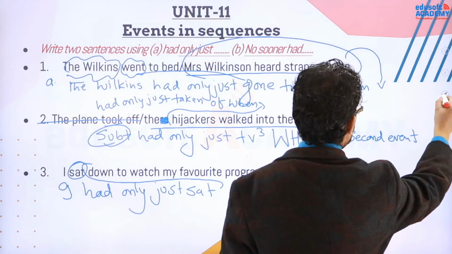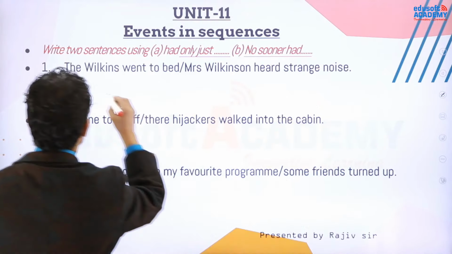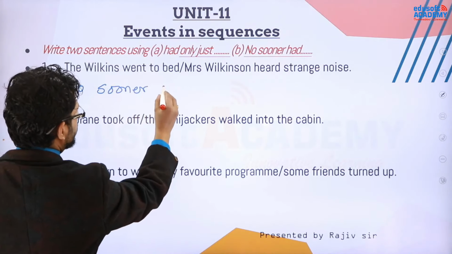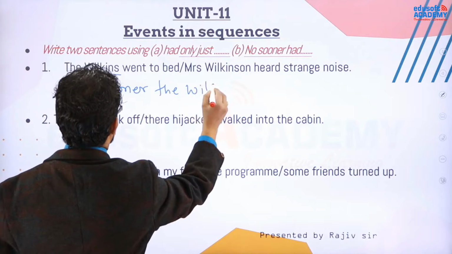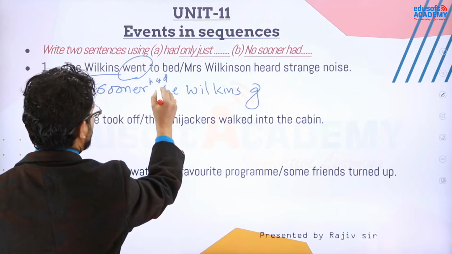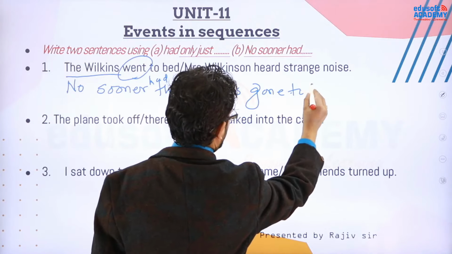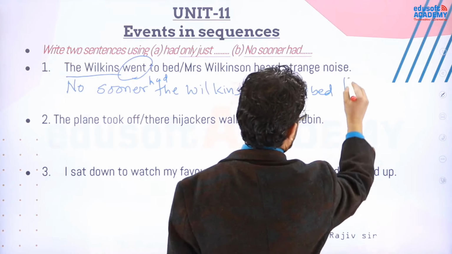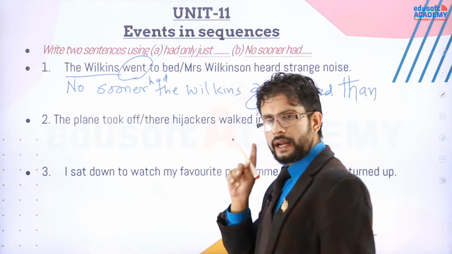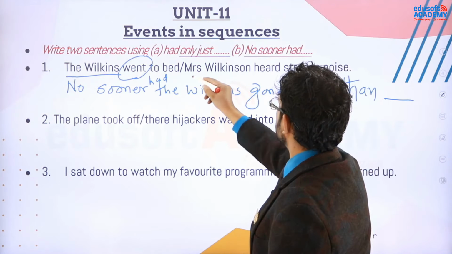Now in the similar way, if you need to do "no sooner," what is the structure? No sooner, subject. No sooner had the Wilkinsons gone to bed, and after that T-H-A-N. You need to know, never write T-H-E-N, it is T-H-A-N. Then the second event.